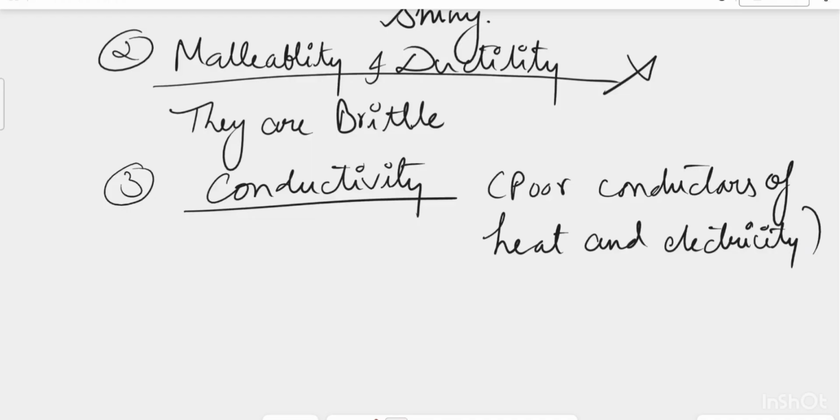There is also one exception, that is graphite. Graphite, a form of carbon, conducts electricity.